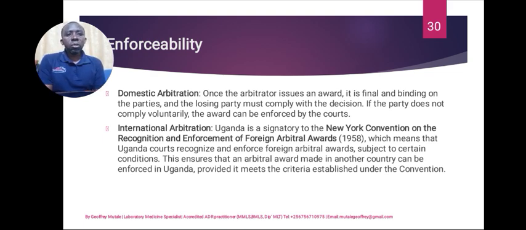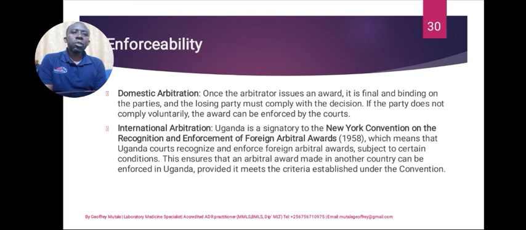So we look at domestic arbitration. Once the arbitrator issues an award, it is final and binding on the parties, and the losing party must comply with the decision. If the party does not comply voluntarily, the award can be enforced by the courts of law.